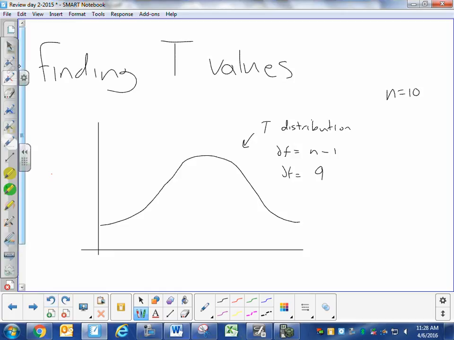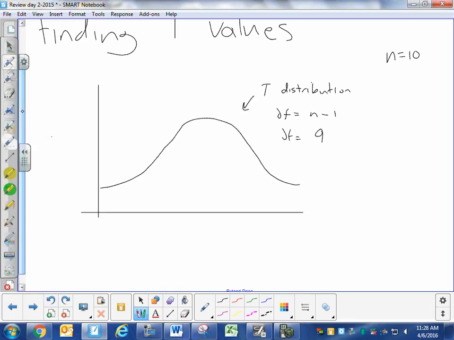Now, if I were to find a 95% confidence interval, it would just be like a normal curve in that there would be 95% of my data between, instead of z values, 2 t values. Right?